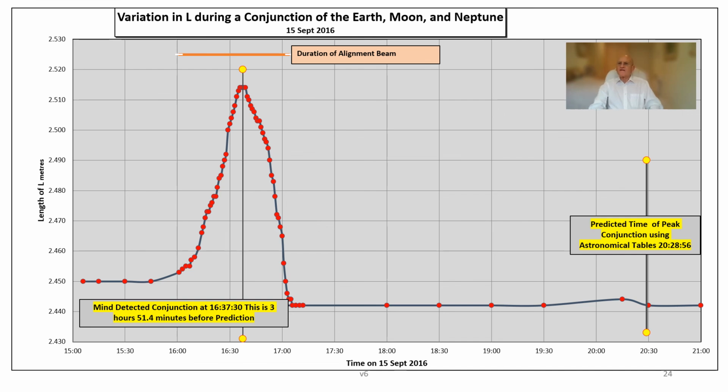This graph is one of several disruptor experiments. The data relates to an alignment of Neptune, Earth, and the Moon. This is an example of a planetary alignment beam, which is the same as psi lines, and demonstrates two vital phenomena.